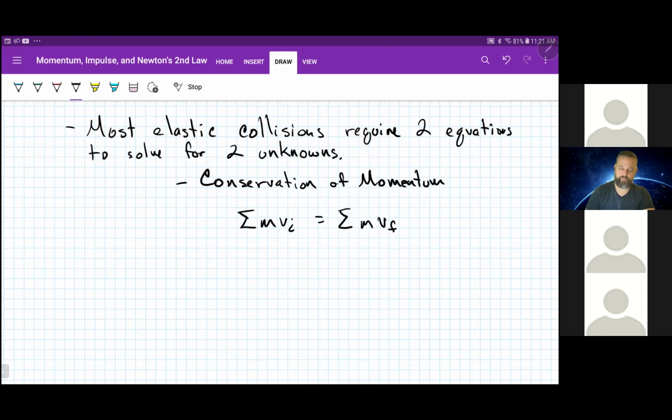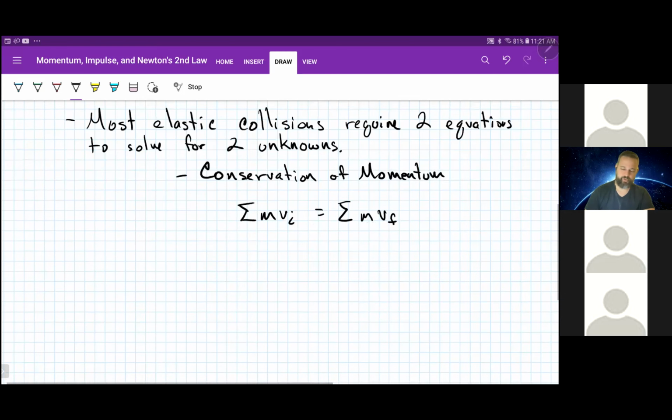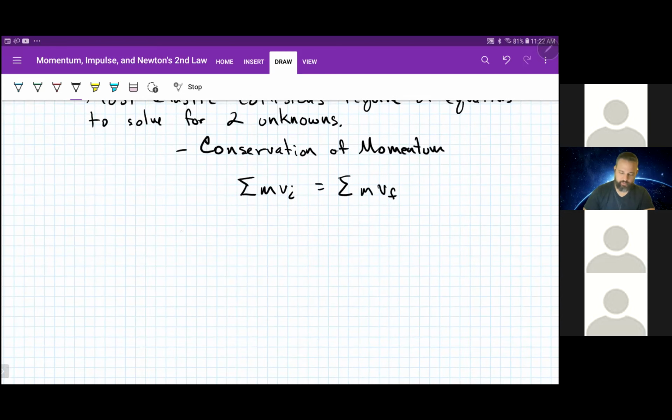So the sum of all the initial momentums is going to be equal to the sum of all the final momentums. All right, so that equation. And then we would need the conservation of energy equation, which I've already written several times now, that Ki is equal to Kf.